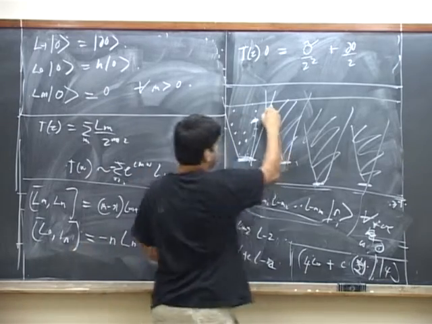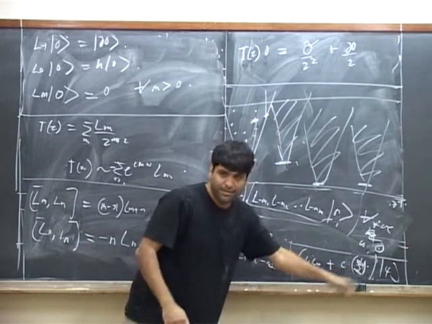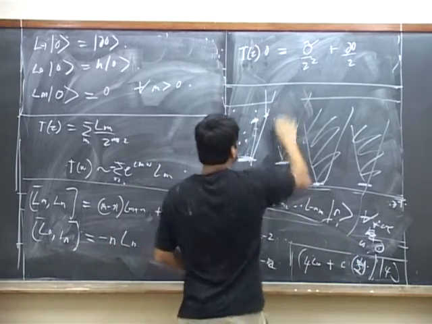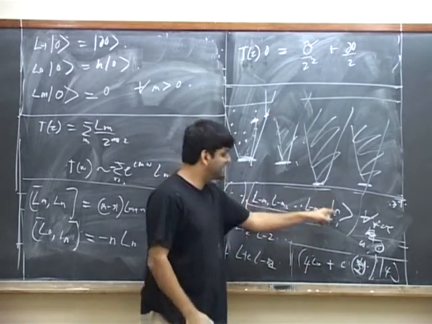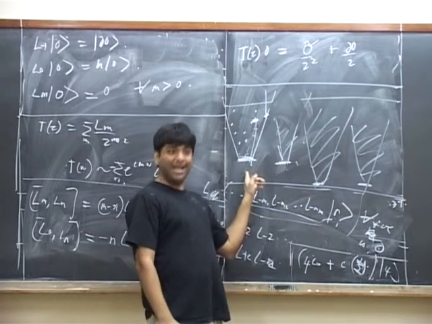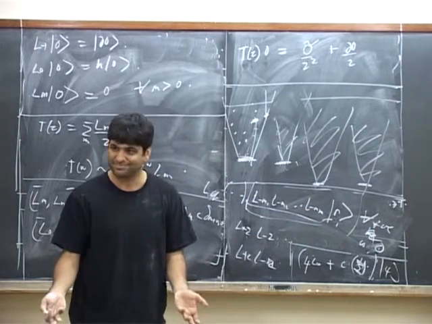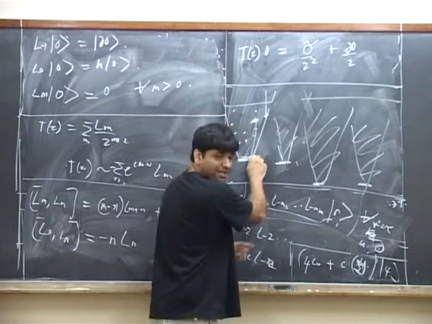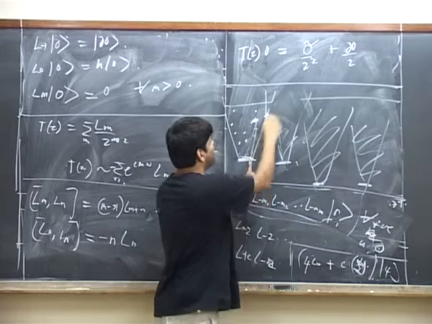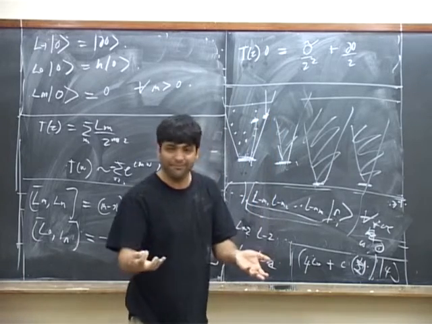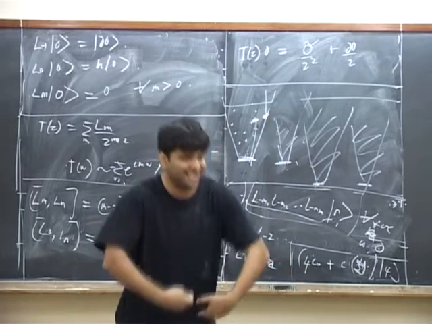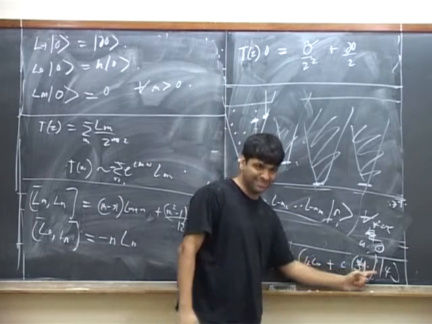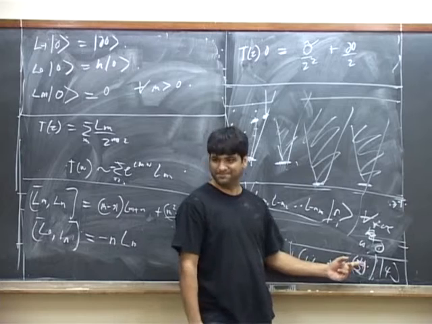What can happen, exactly for this reason that we discussed, is that there is a state that is both a descendant of a primary as well as a primary itself. Although you can reach it by acting with raising operators on some primary, you cannot reverse that ascent, because the state that would have reversed it actually gives you 0.